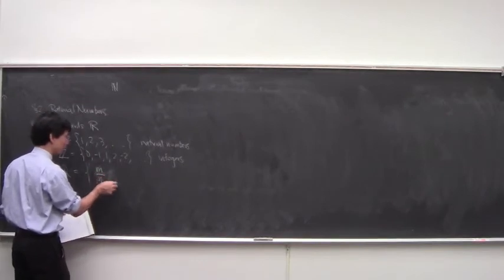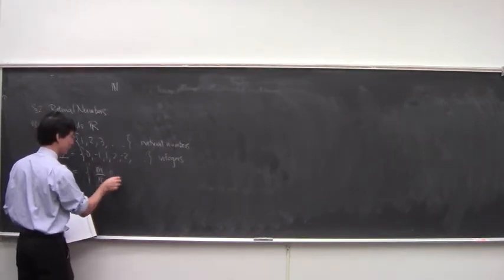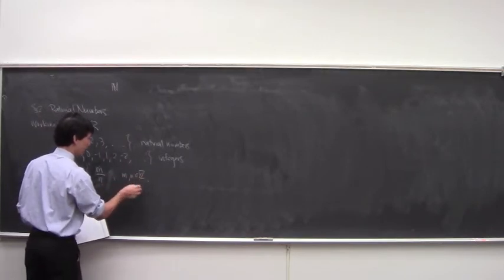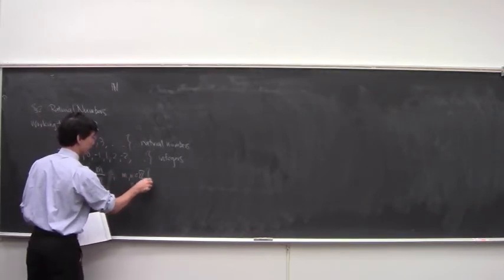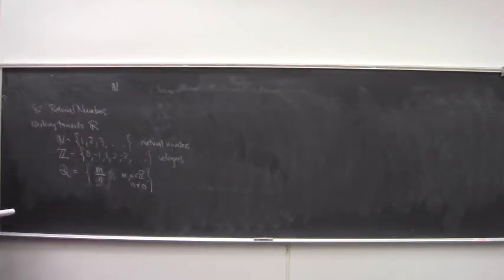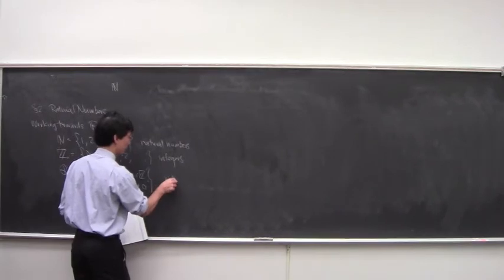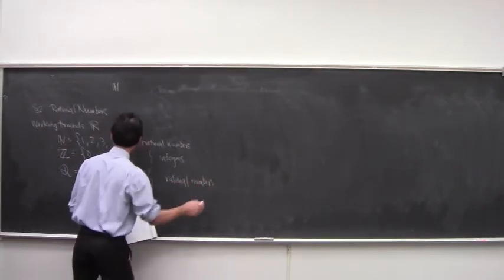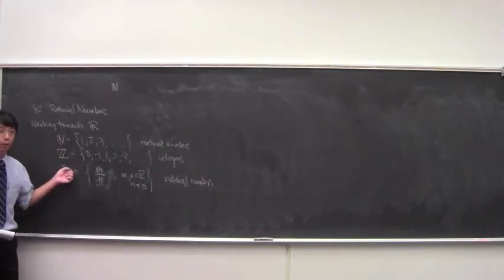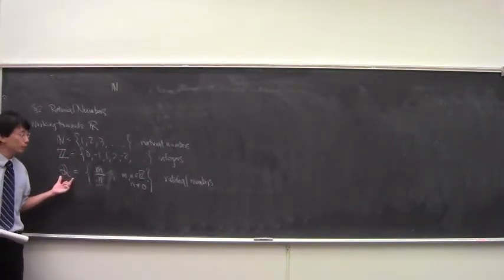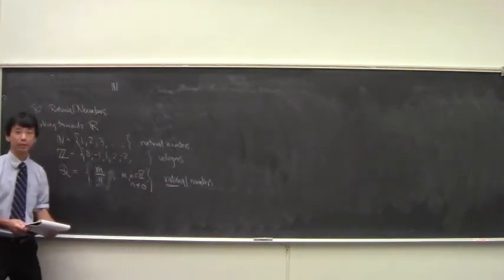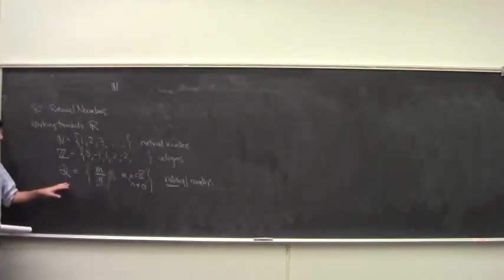So any quotient of the form m over n, where m and n are integers and n is non-zero. These are the rational numbers, numbers which are expressed as quotients. It's a ratio. That's the reason for the name rational.